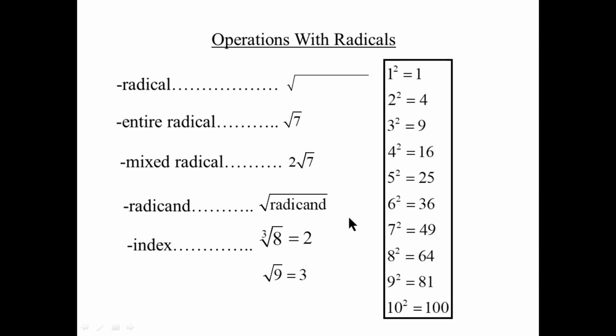The next thing you'll need when working with radicals is some comfort level with perfect square numbers. I've listed the first 10 perfect square numbers here. Observe the ones on the right. 1 squared is 1, 2 squared is 4, 3 squared is 9, and so on.